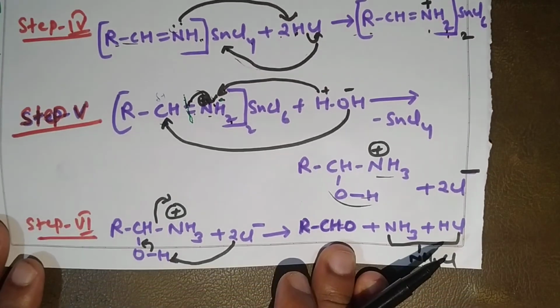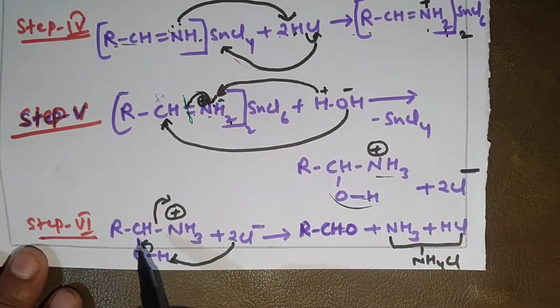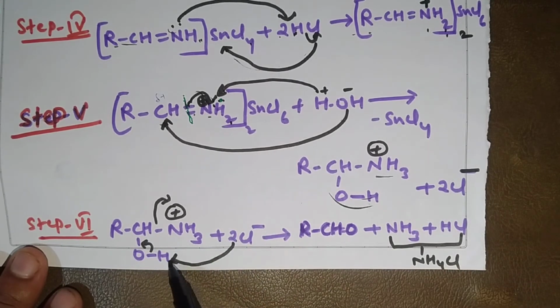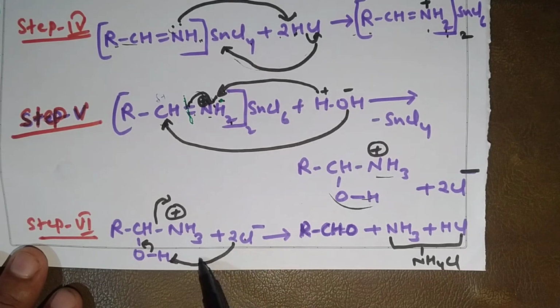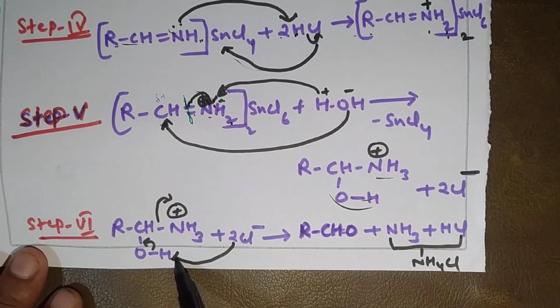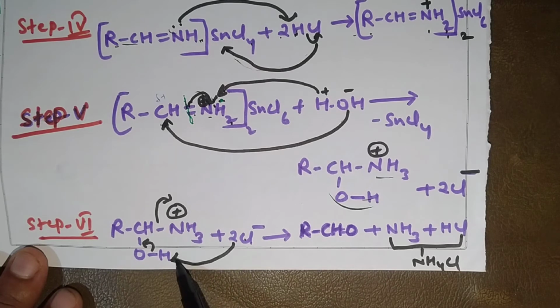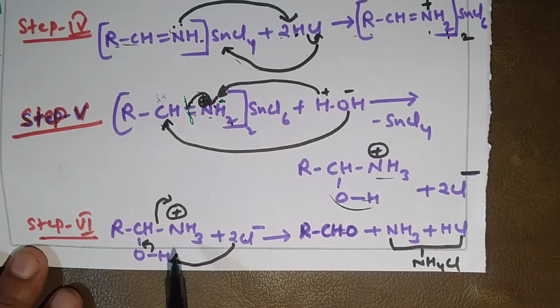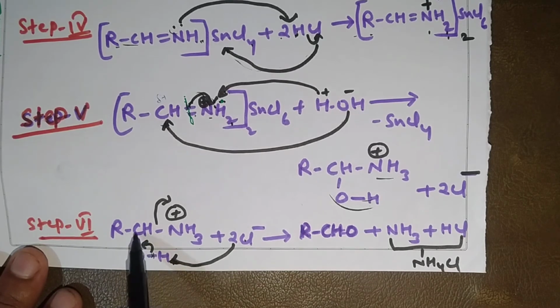Now in step 6, what happened is that the 2Cl minus will attach with H, that means one of the chlorines will attach with this hydrogen atom, and one of the chlorines is attached with this hydrogen atom, and at the same time this bond will break and these electrons are taken by this carbon atom.